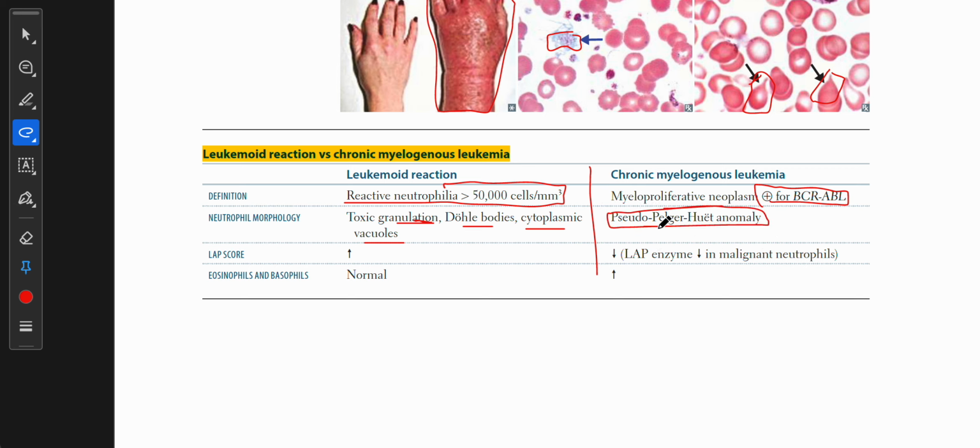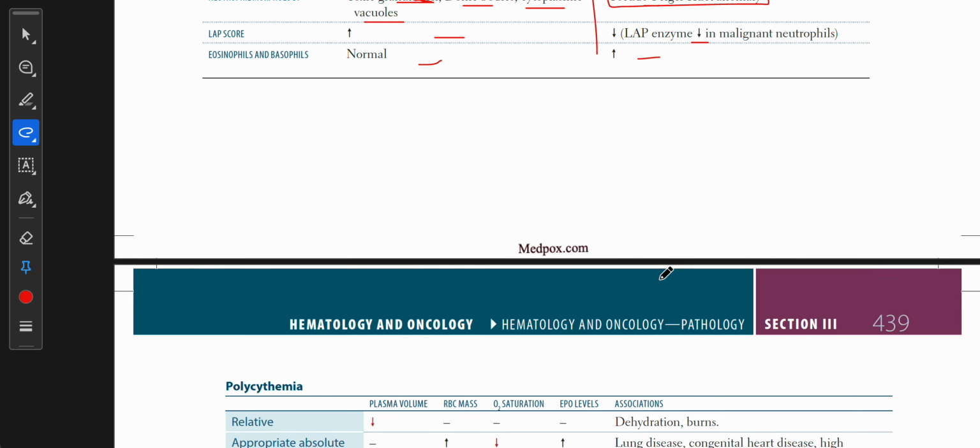Pseudo-Pelger-Huet anomaly, which is also bilobed neutrophils, neutrophils with a bilobed nucleus. And the LAP score of leukemoid reaction is increased, and in CML the LAP score is decreased. LAP enzyme is decreased in malignant neutrophils. And eosinophils and basophils are normal in leukemoid reaction, but in CML they are increased.